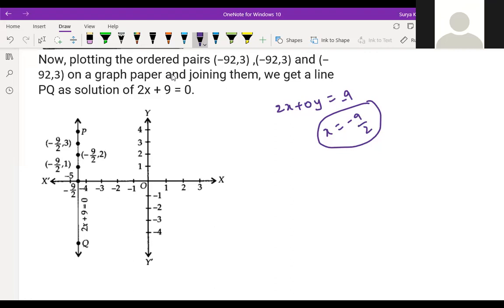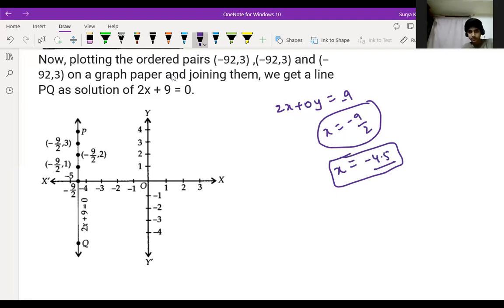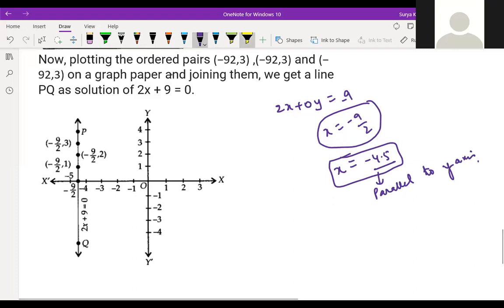Minus 9 by 2 is minus 4.5 only, no? Okay, sir. So x is equal to minus 4.5. This is parallel to the y axis. And minus 4.5 you put here. This is parallel to the y axis only. So this is the answer.